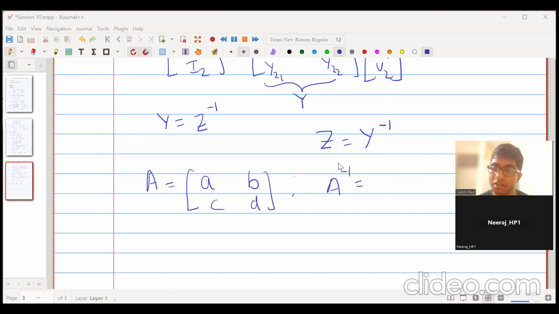The determinant is written in terms like this. So what is the determinant?